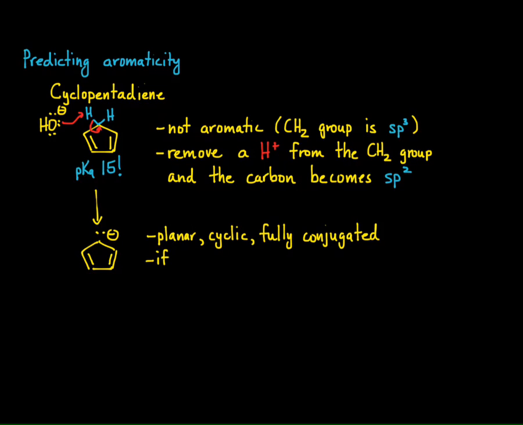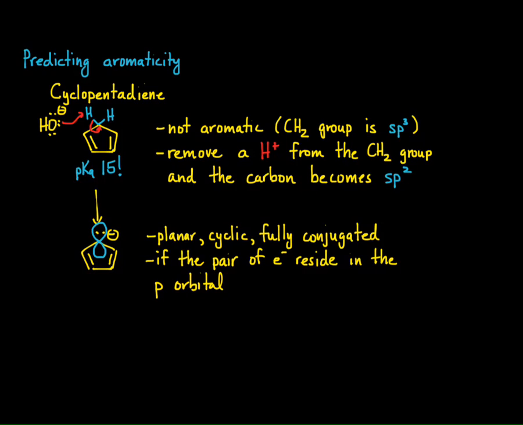So notice this happens to be planar, it's cyclic, and it's fully conjugated because now that carbon is sp2 hybridized. Of course, that is an assumption because it's a carbanion. We typically think of carbanions as actually being sp3 hybridized. But again, there's this driving force of aromaticity, because if it is sp2 hybridized, then the pair of electrons have to reside in a p orbital, right?